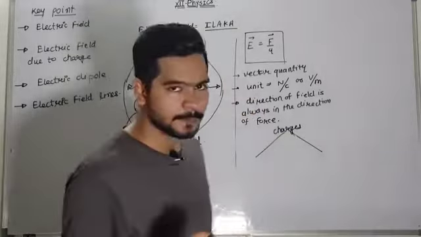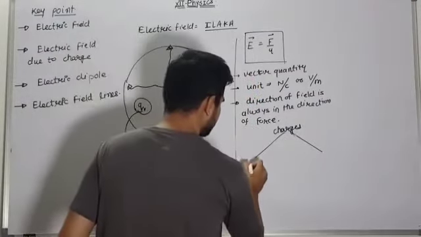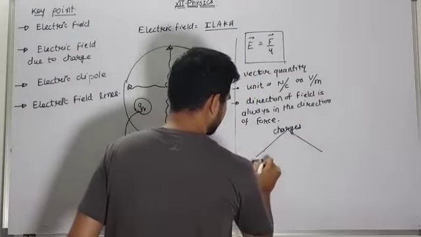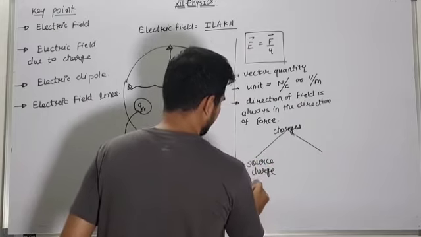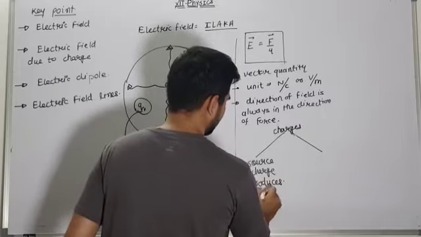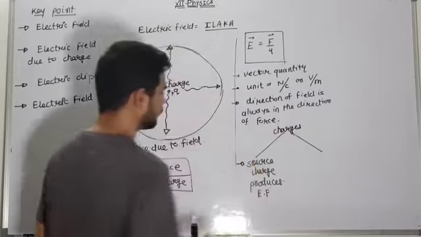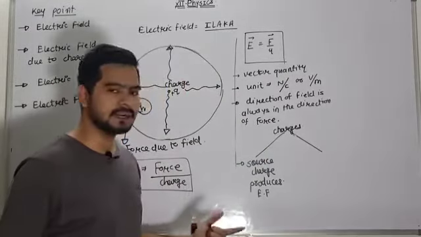One charge which is producing the electric field is called the source charge. So this is the very first charge, called the source charge, which actually produces the electric field.